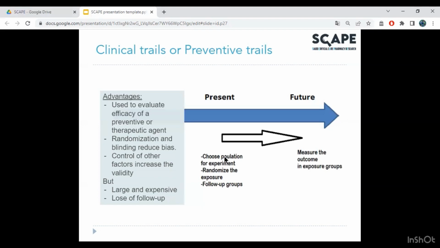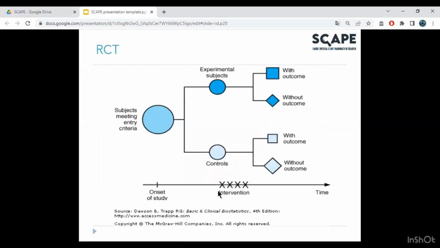Here also you start with a group of patients that you have selected very carefully, and you hope for them to continue with you until the end of the experiment. But that's not what happens in reality. Some of them might be lost to follow-up or might not continue. So your sample might be affected, and this will also decrease the power of the study.